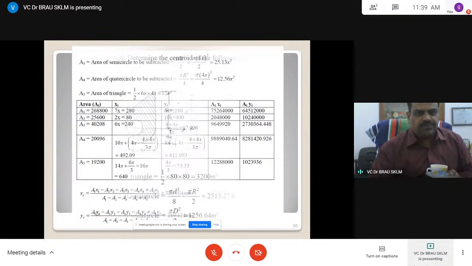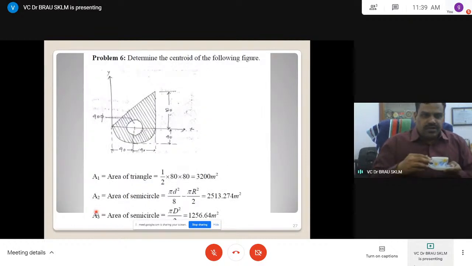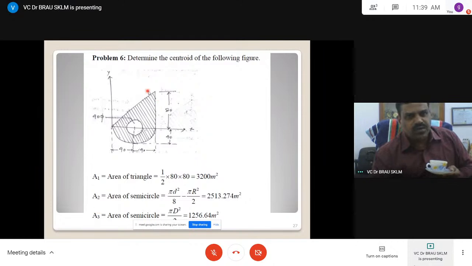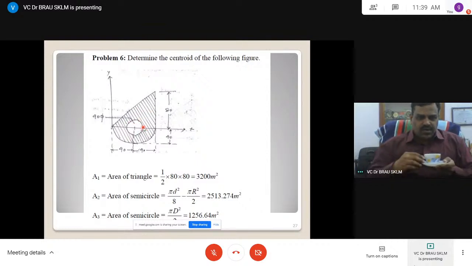Now let us see, try this. In the meantime, we have determined the centroid. In this, let us see. This is the triangle. This is the semicircle and full circle. 3 sections. You have to subtract full circle and add these 2. Let us try.